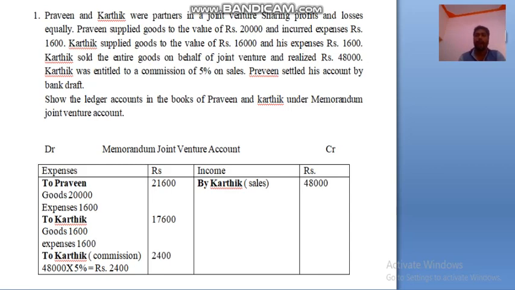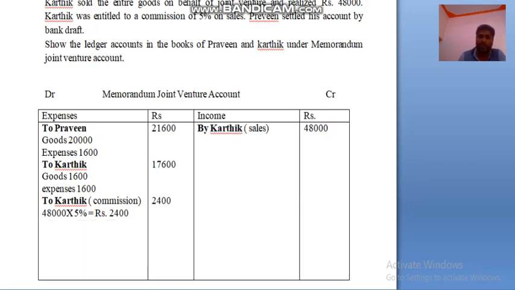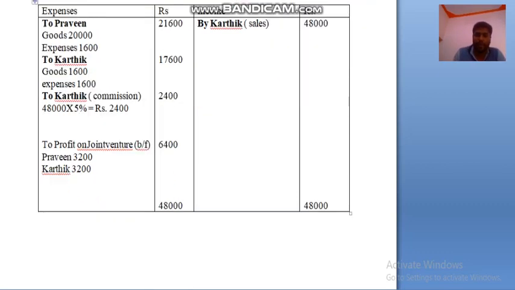Now make the balance. The credit side is more than the debit side, so make a balance. 48,000 on both sides, and the balancing figure on the debit side is rupees 6,400 as profit on joint venture.